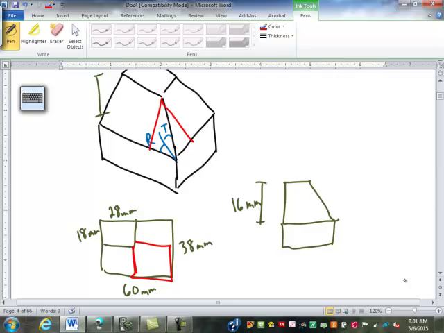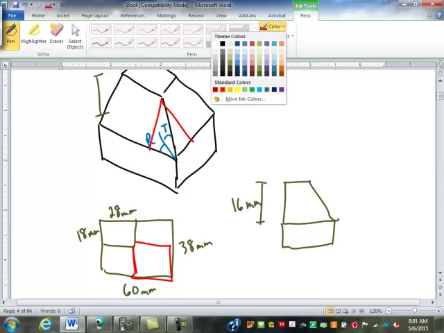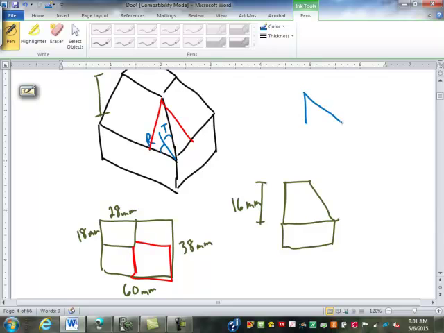Tell me where to start. Okay, very good. So I'm actually going to sketch this out here. This, of course, is the 16, the height. This over here is going to be 60 minus, or sorry, this would be 60 minus 28, which would be 32. And this would be 38 minus 18, which is 20.